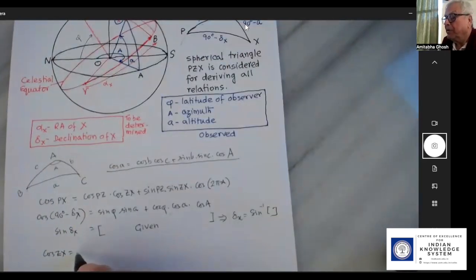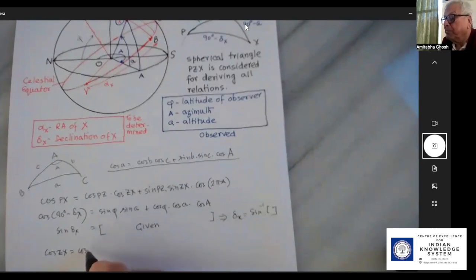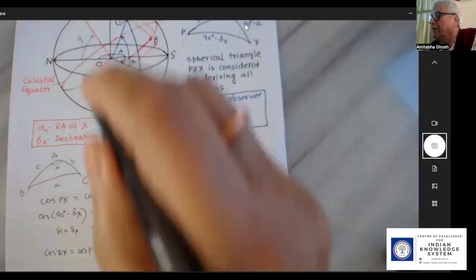So therefore it will be cosine of Pz into cosine of Px plus sine of Pz into sine of Px into cosine of this angle. How much is this angle?